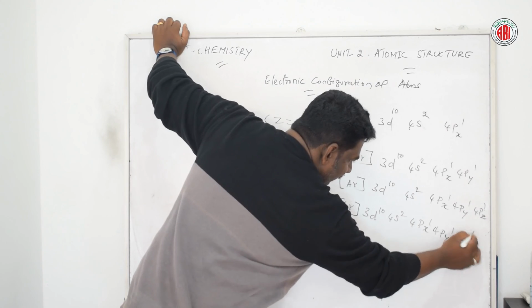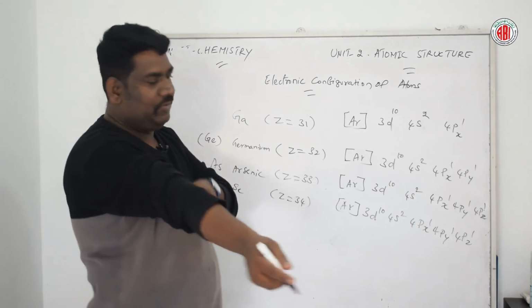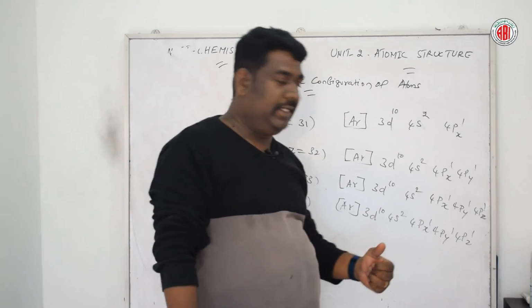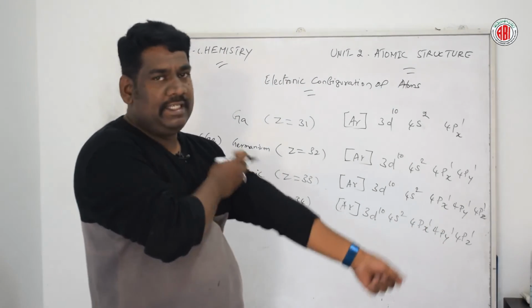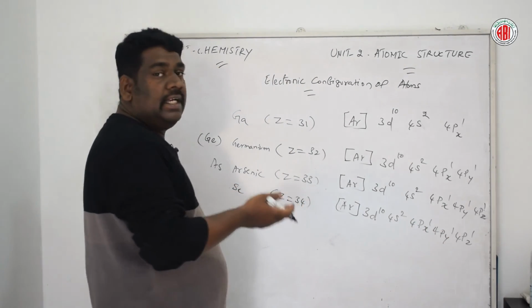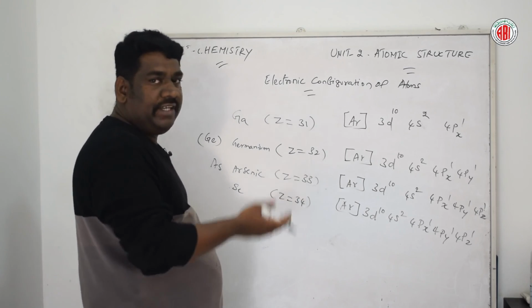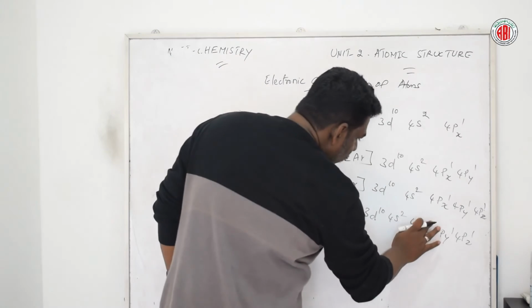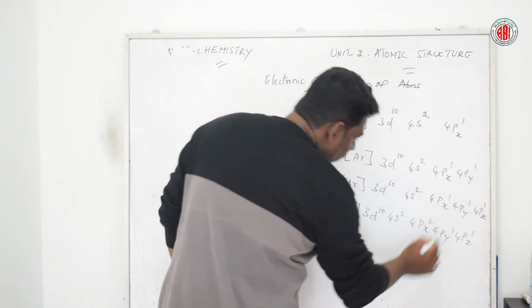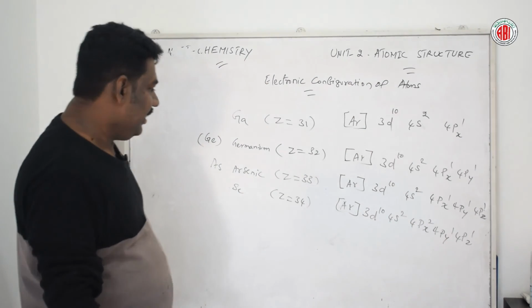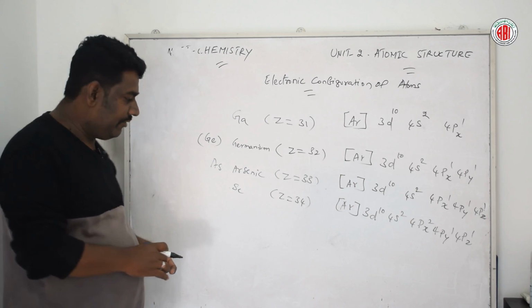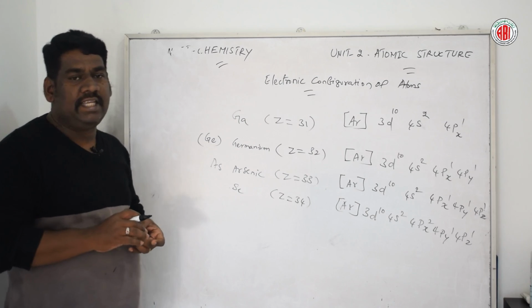One more electron is left over now, that could possibly go to px, which has the lowest energy compared to py and pz. So here 2 electrons can be accommodated. Now if you calculate, the total number of electrons comes to 34 in the case of selenium.